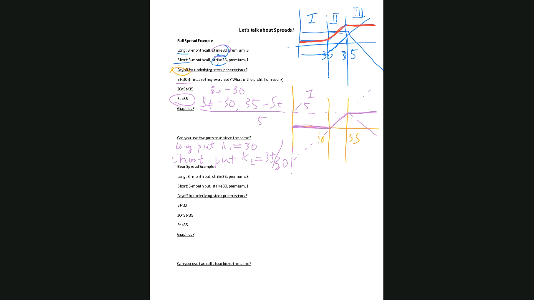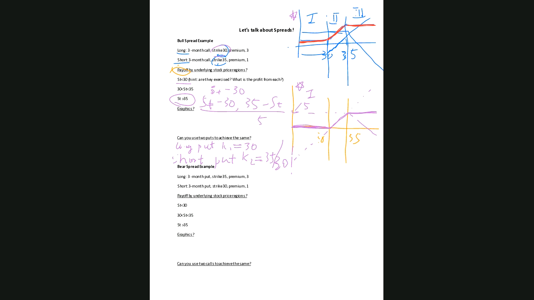But let's finish it. Because remember, these are not exactly the same graph. For this one in particular, we're looking at profit, and for this one, we're looking at payoff for now. But how do I reconcile these two?